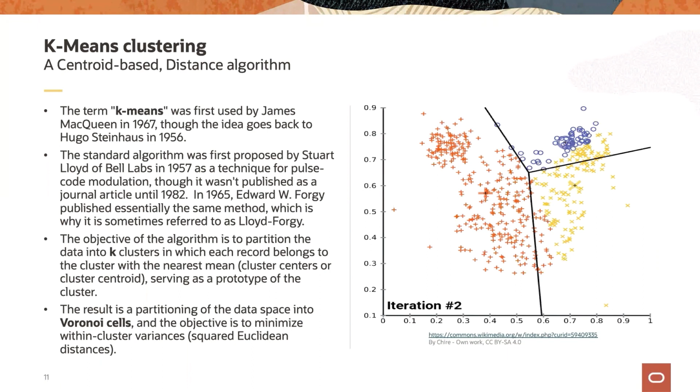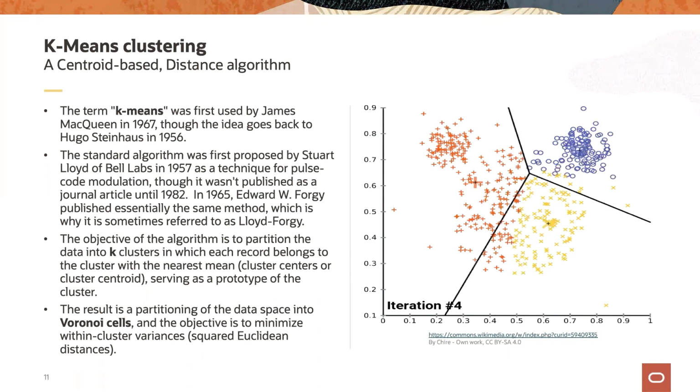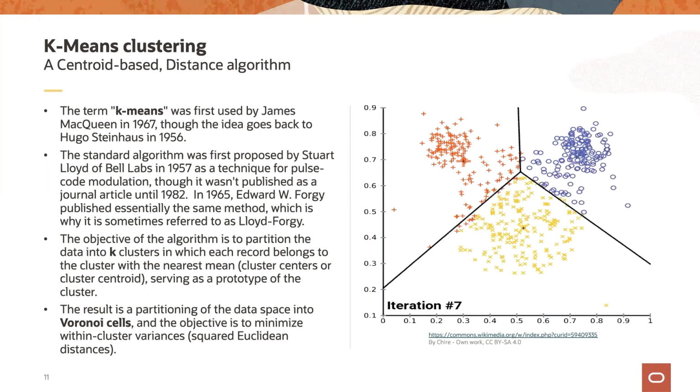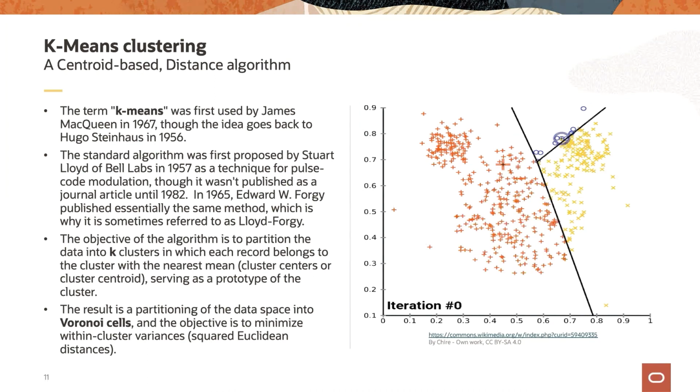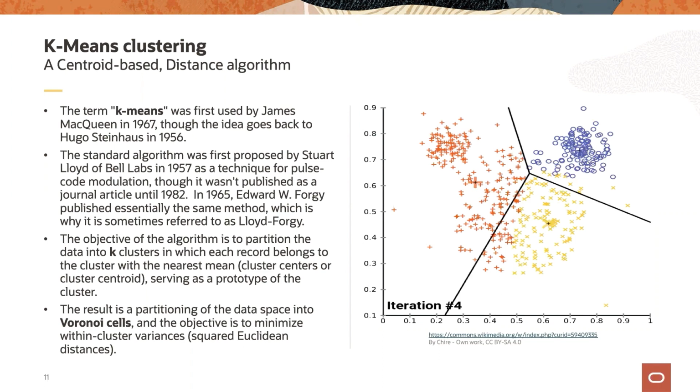The core or the middle of that cloud of points becomes what we call the centroid, the center of that. So that's the resulting space, if you will. It's basically Voronoi cells, if you were doing that in 2 dimensions.